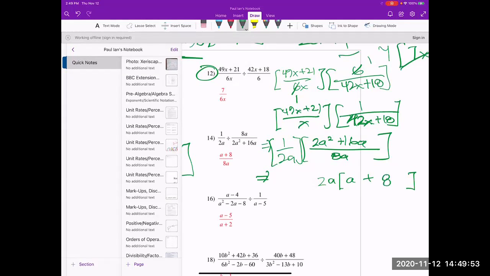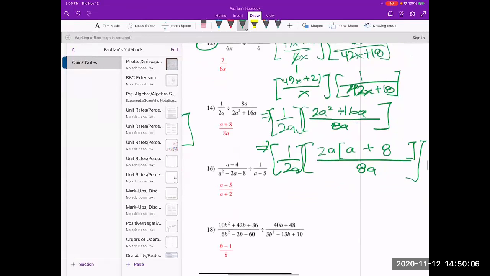Okay. All right, let's take a look at that. So then you have that guy over 8a, and then you're multiplying it by 1 over 2a, right? Yeah. So what cancels out? The 2a. So that cancels out. And then you're left with, because I think you're done already, a plus 8 over 8a. Yeah? Yeah. And that's it.